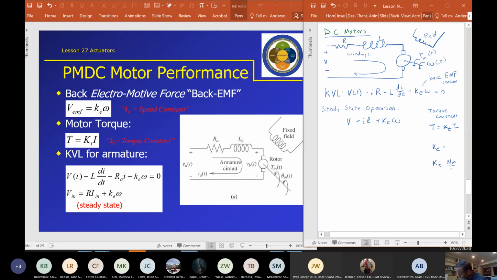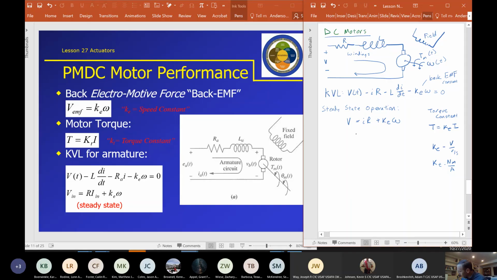Thank you, Adam. KT would be in units of Newton meters per amp. What would the units of KE be? That'd be volts per radians per second. Very good. So if you have these in these units, the numerical value should be the same for those. So that's kind of cool.